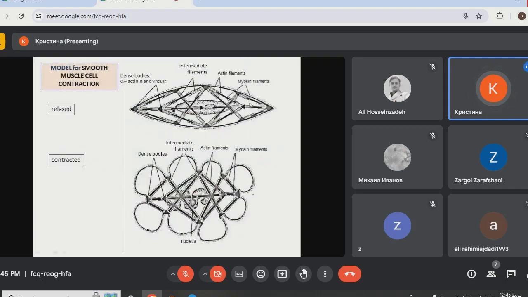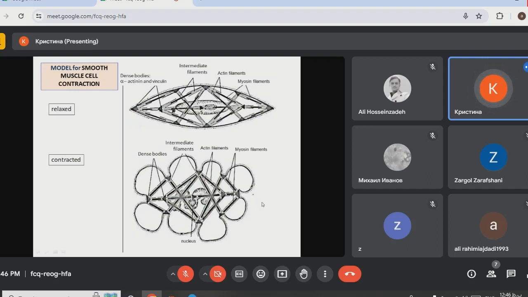In relaxed state, the cell looks like this. Inside it, you can see that myosin and actin myofilaments go in different directions. They are attached to the cell membrane at some angles, and when they are contracted, the cell starts to look like this.